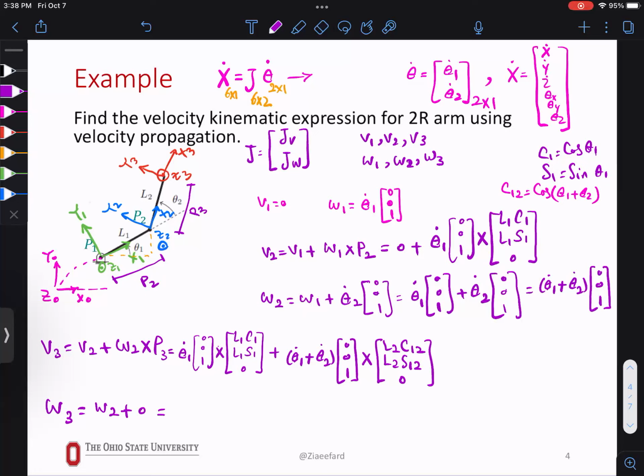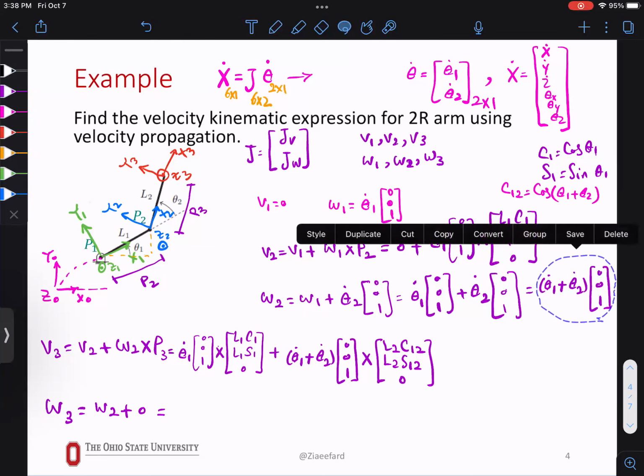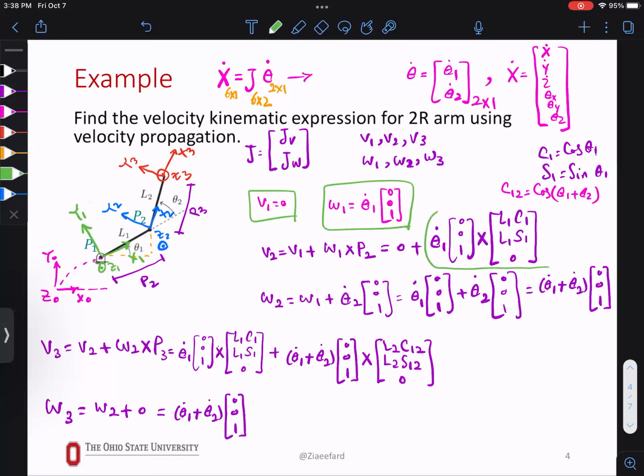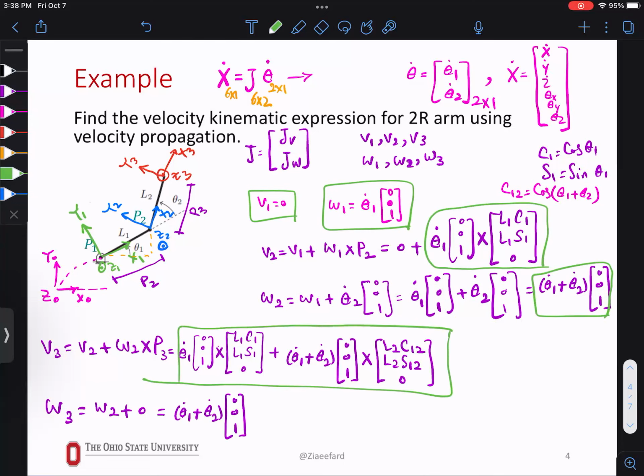Whatever is omega 3 is omega 2, which is that guy over here, copy, paste. So I'm going to put boxes around things I need: V1, omega 1, V2, omega 2, V3, omega 3.